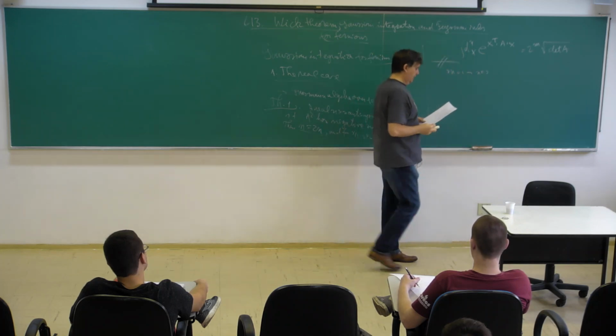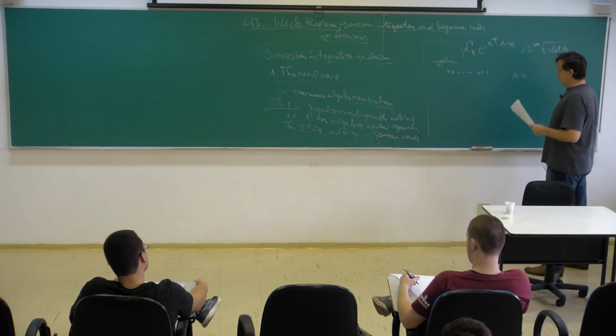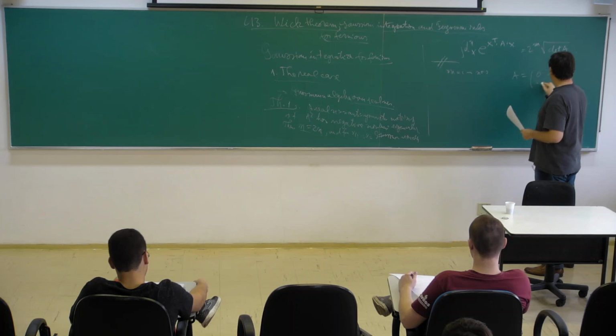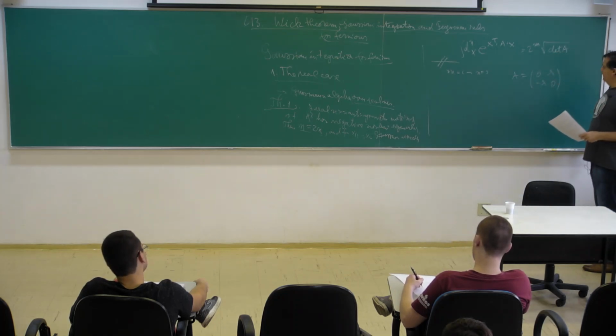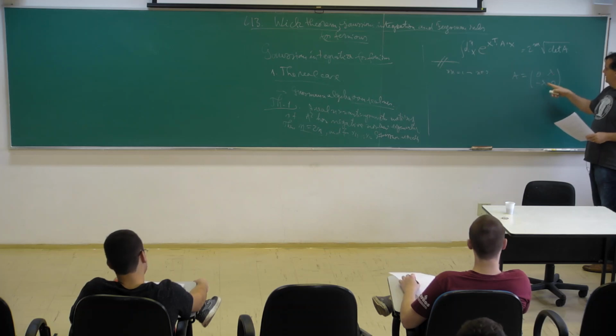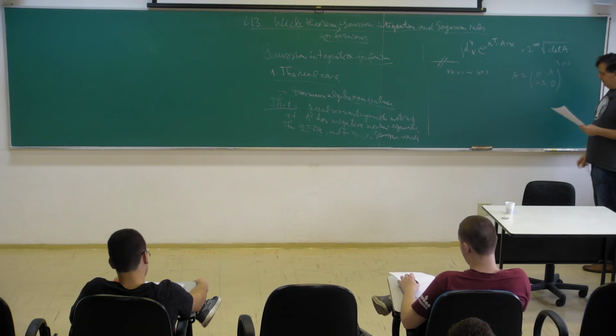Then, in this simplest case, a real antisymmetric matrix with non-zero eigenvalues means this: the diagonal can only have zeros, because it's antisymmetric, and then the off-diagonal entries are lambda and minus lambda, and non-zero eigenvalue means lambda is different than 0.